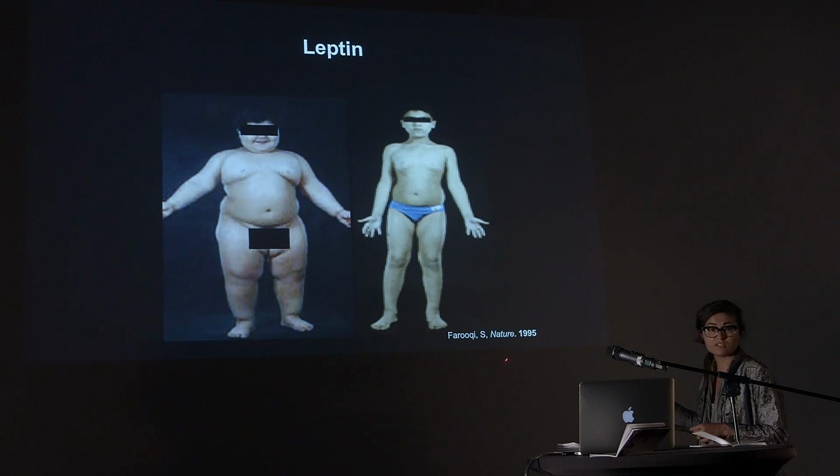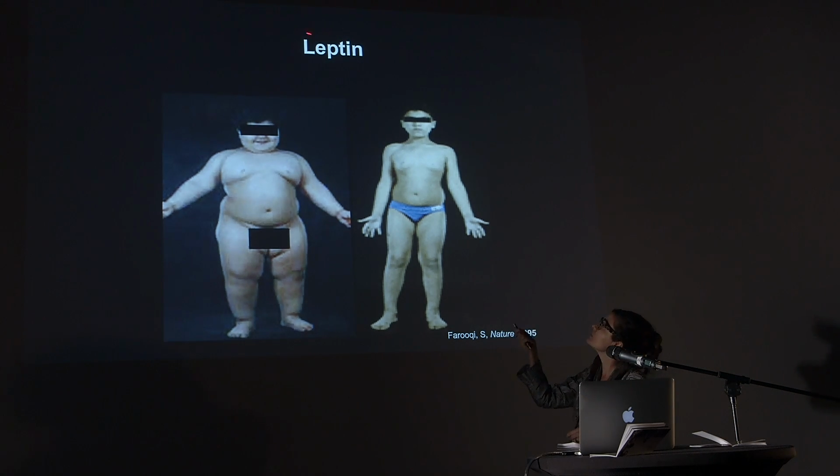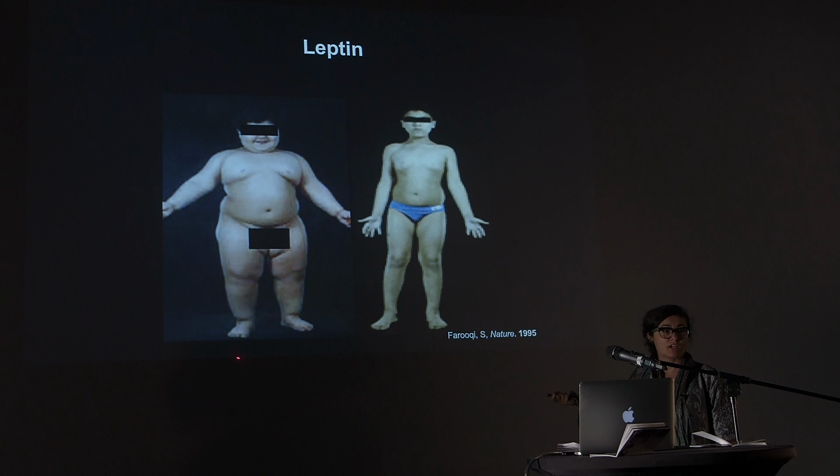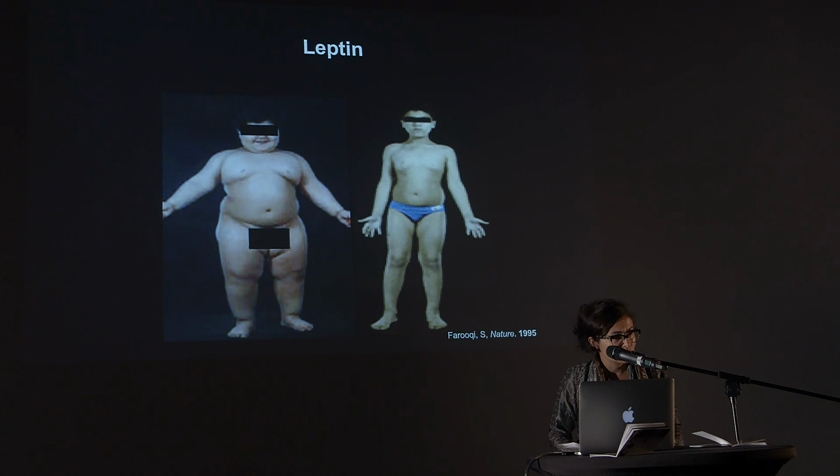So here we see 1995 was when this hormone, so leptin is the name of a hormone that explains this body shape. We're looking at the child from Turkey, and this child was morbidly obese. And when I say morbidly, it means that this child had diabetes, hypertension, high cholesterol.